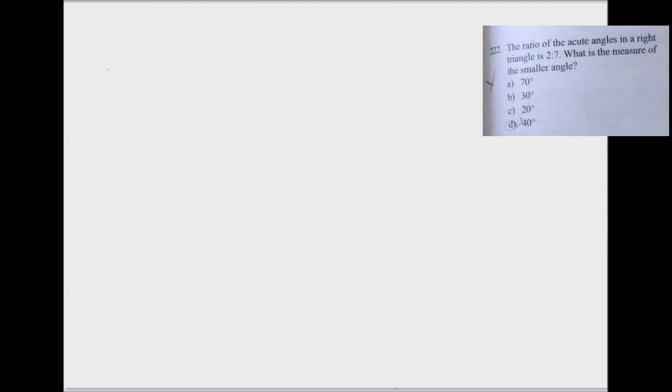So first we have to understand what a triangle is. A triangle has 3 sides, obviously, and 3 angles. In this question we are talking about a right triangle, which means the triangle has an angle with 90 degrees.